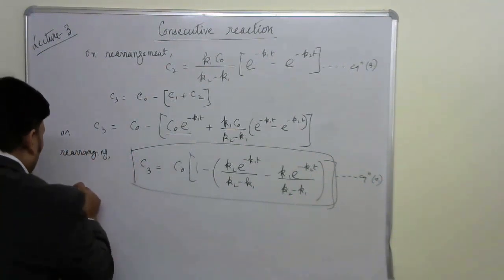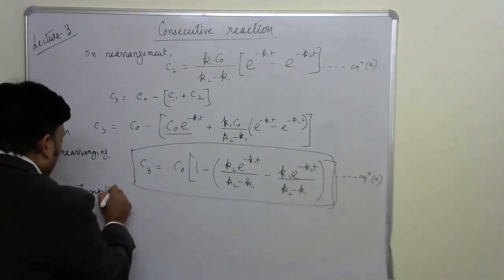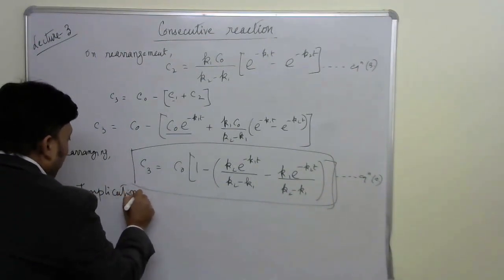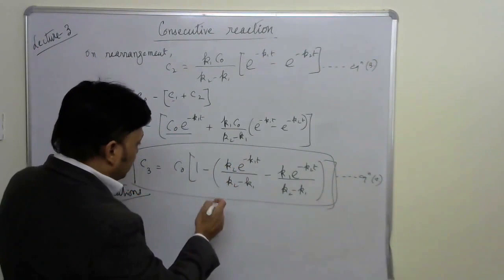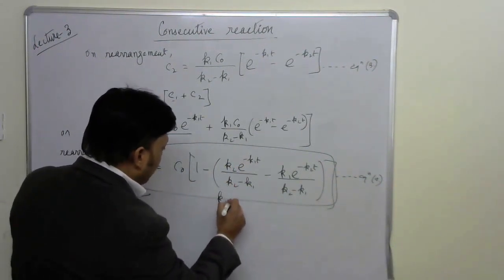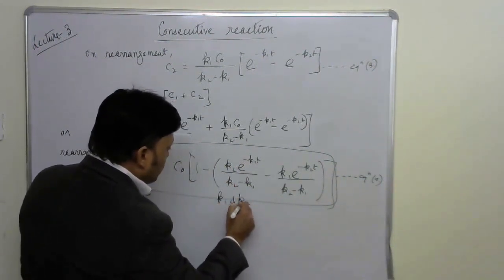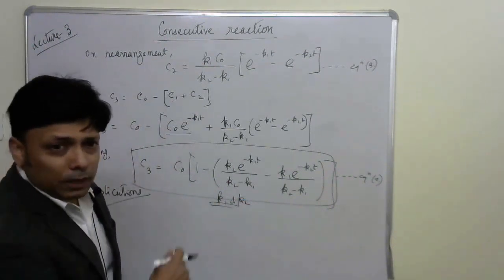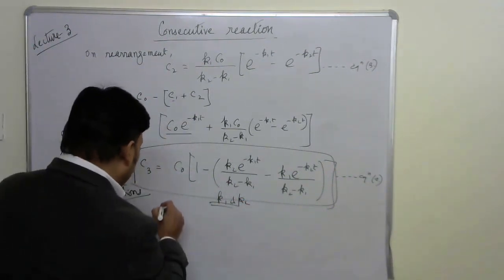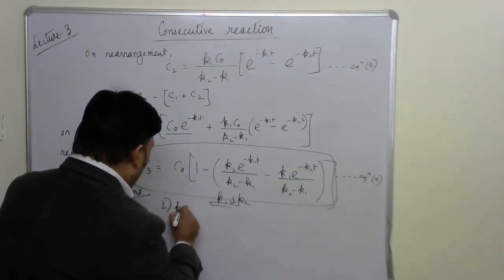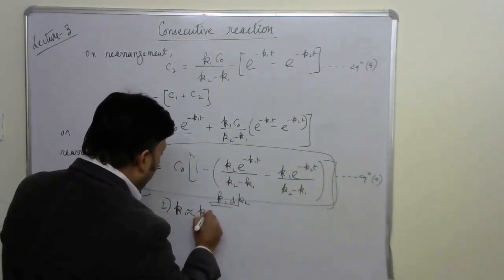Further, this integrated rate law has a few very important implications, and we are going to discuss them quickly. You see that there are two rate constants, K1 and K2. So what are the possible relationships between K1 and K2? We can think of three possible relationships. Number 1, where K1 is almost comparable with K2.